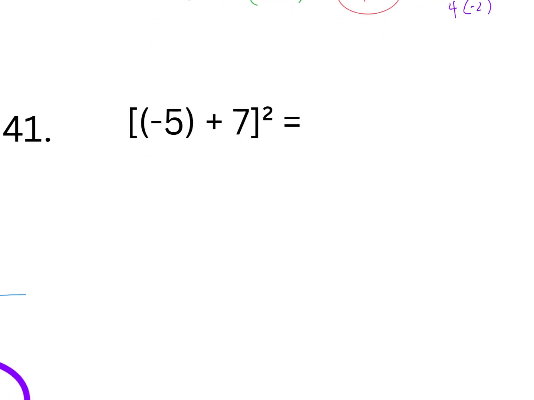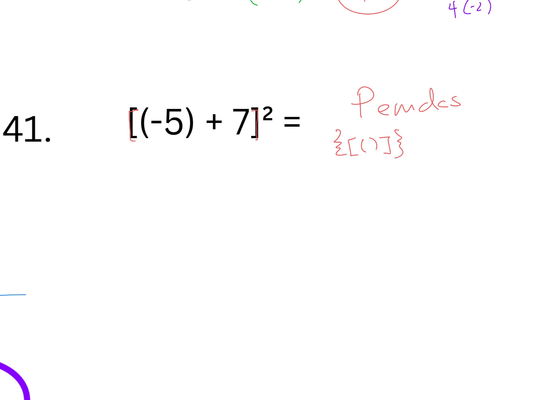Negative 5 plus 7 squared. This one might seem a little different because we have brackets instead of parentheses. Well, guess what? When it comes to the P in PEMDAS, there's parentheses, there are brackets, there are braces even. They're just different parentheses.